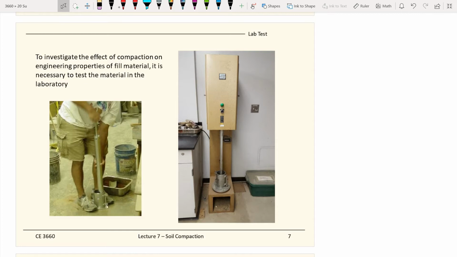We have the manual type of compaction test, and also we could have the automatic type of testing equipment. These are for us to investigate the effect of compaction, and those tests are necessary to be done in a more controlled environment in the lab.